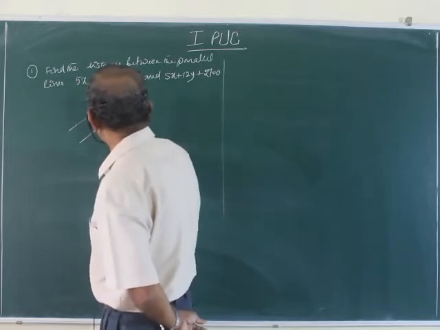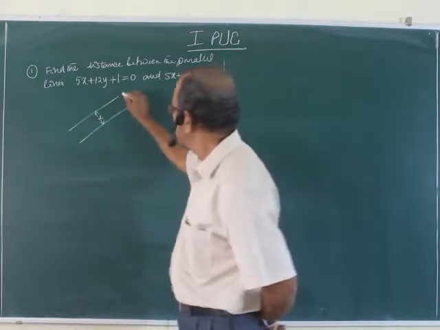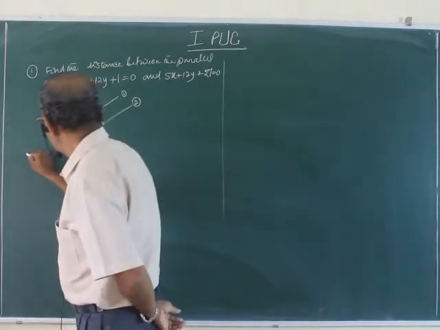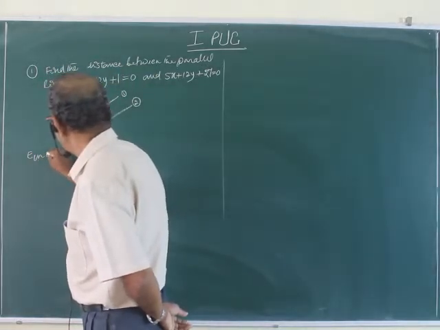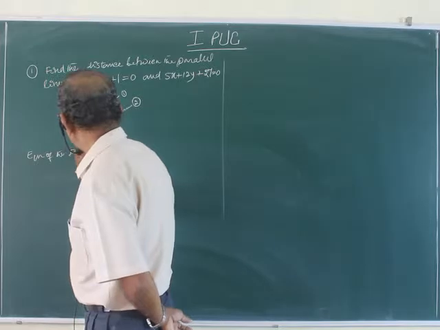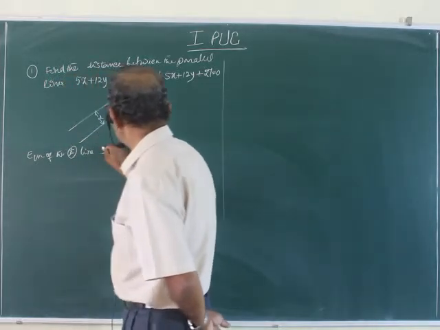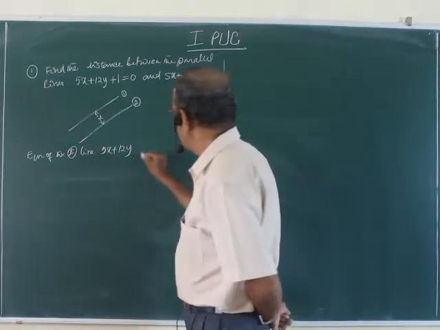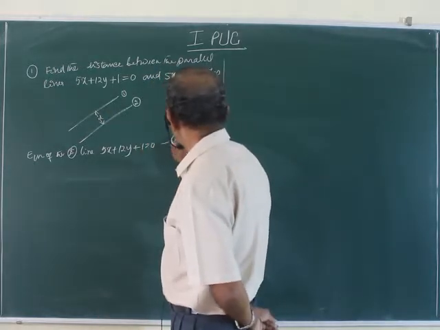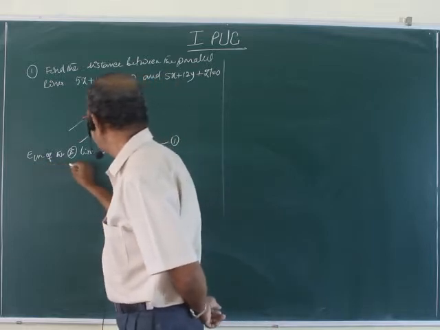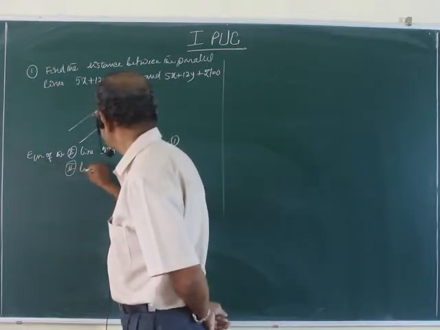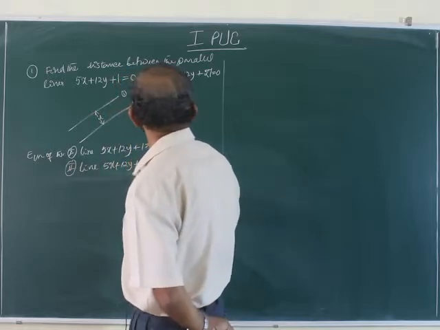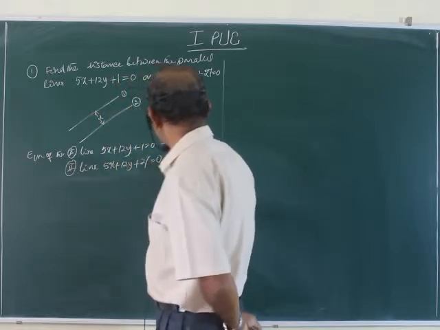How to find the distance between the parallel lines? Equation 1, equation 2. Equation of the first line: 5x plus 12y plus 1 equal to 0. Equation of the second line: 5x plus 12y plus 27 equal to 0.